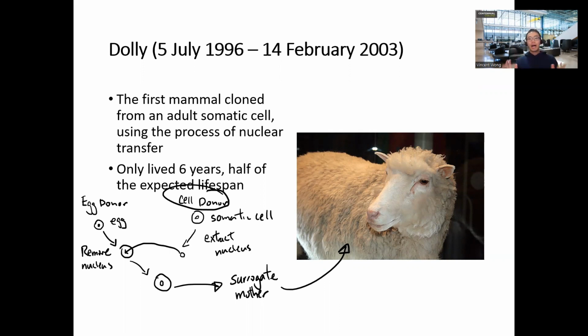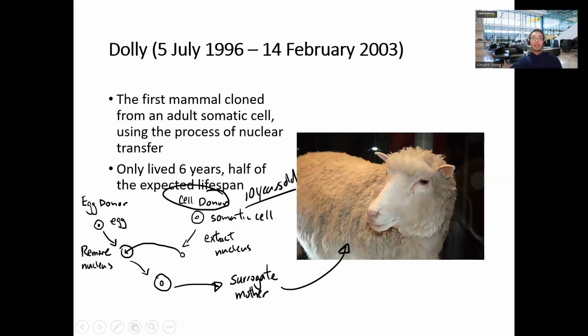So the cell donor sheep was an adult sheep. By the time they extract the cell from this donor, the telomeres would have shortened since the birth of that sheep. So let's just say, for the sake of discussion, the cell donor is like 10 years old, and that's like adult for a sheep.